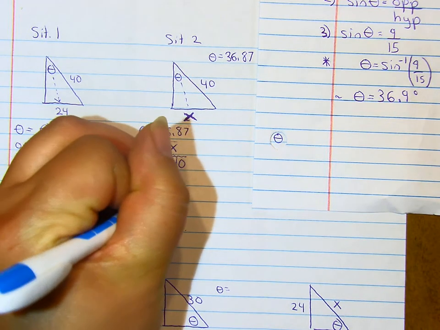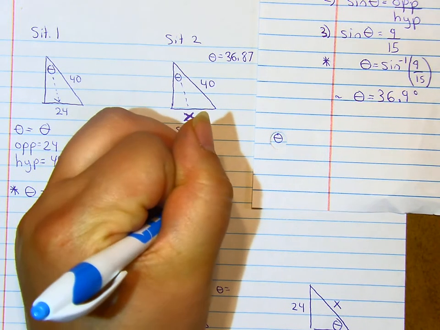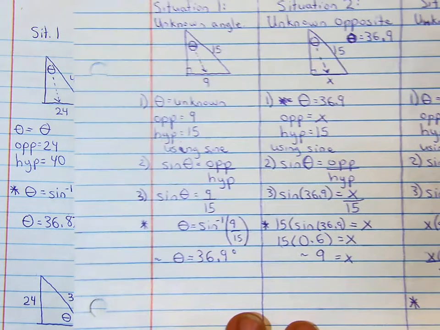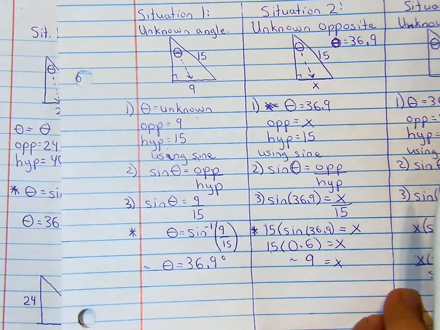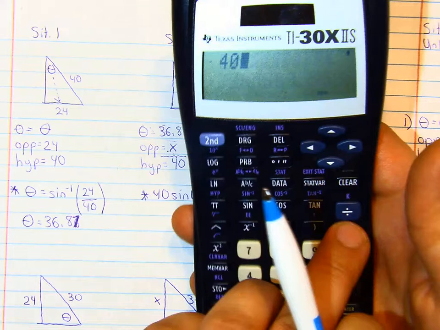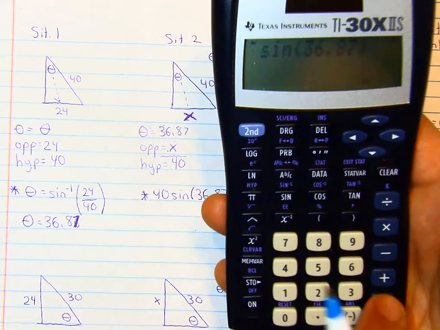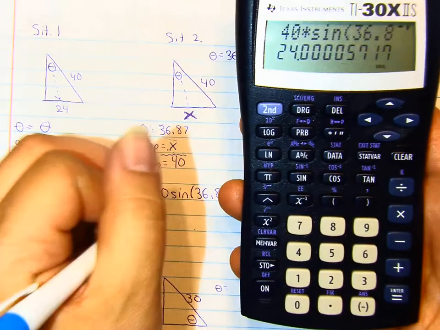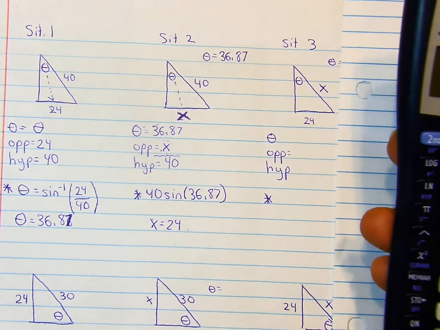So I'm going to have 40 times the sine of 36.87. Using my notes, here's my shorthand. Go to my calculator. 40 times sine 36.87. And if you notice, my answer is 24, which is exactly what we want to check our work. Okay.